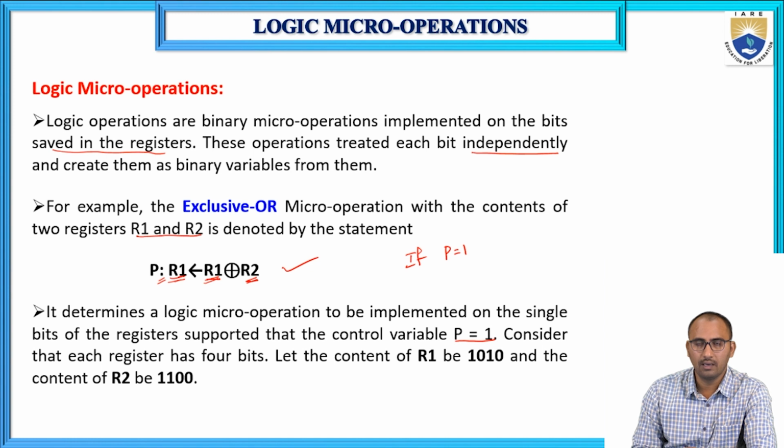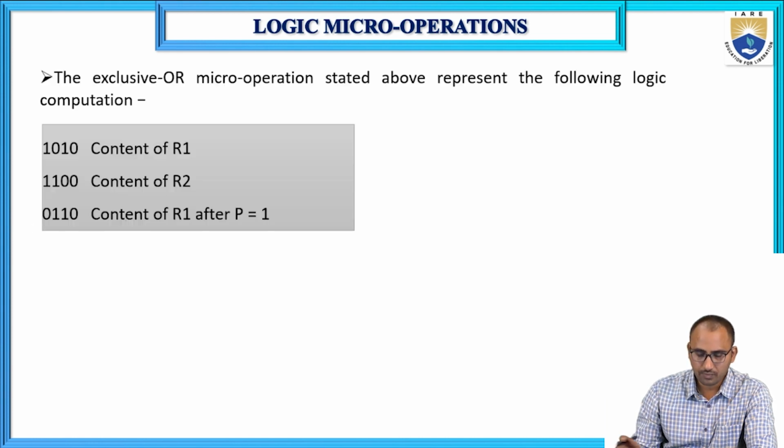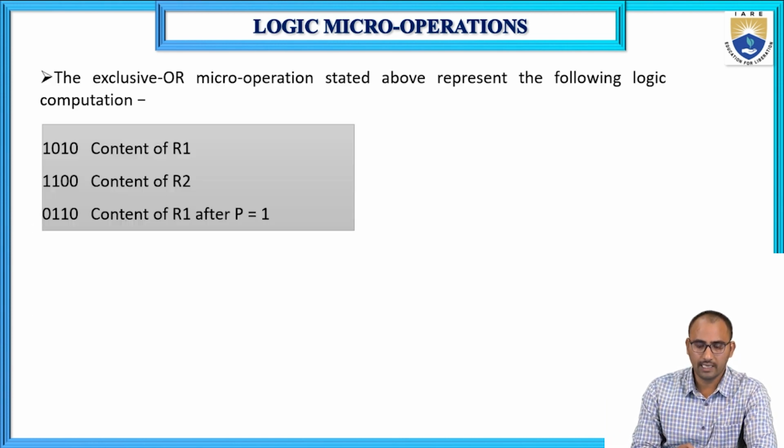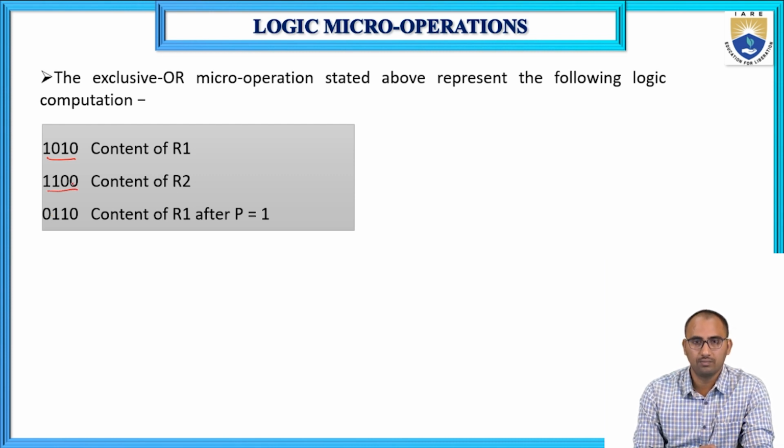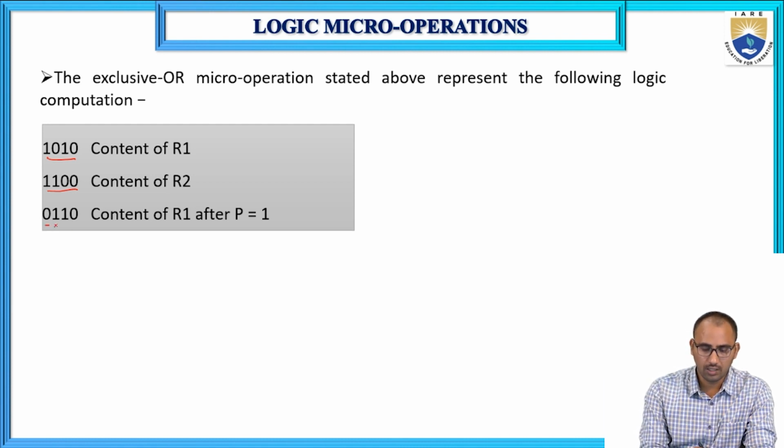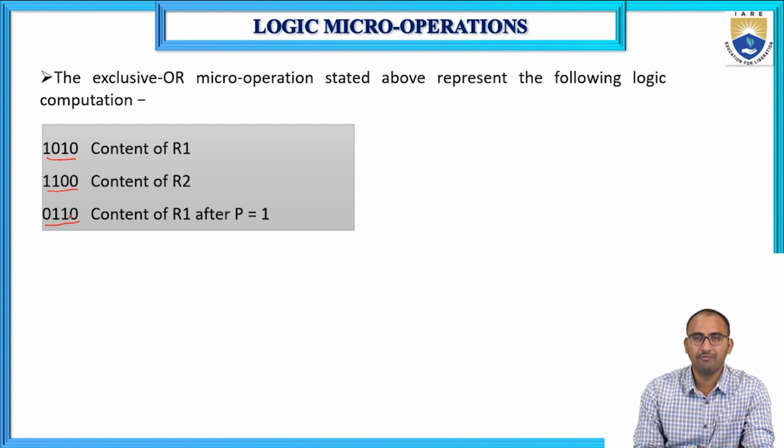The content of the R1 register is 1010 and the content of the R2 register is 1100. After performing the exclusive OR operation, the result is 0110, because we perform the exclusive OR operation on individual bits.